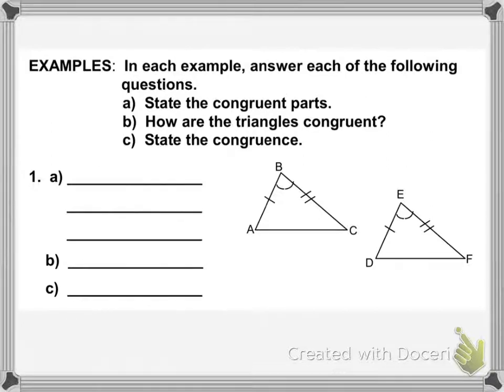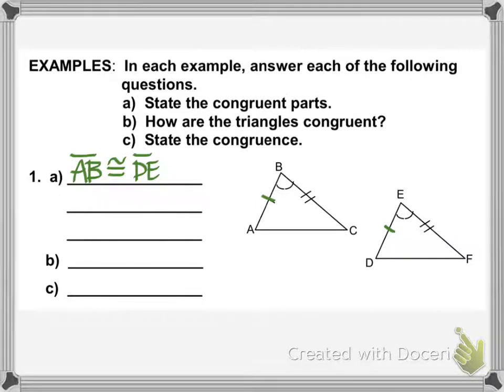So let's take a look at this first one. Looking at the picture, I see the things that are congruent. I see my arcs and tick marks. So the two segments that have the one tick, those are congruent. So that would be segment AB, or I could call it segment BA, put those two letters together with the line on top, is congruent to the other one-tick segment on the other triangle, which is segment DE or ED.